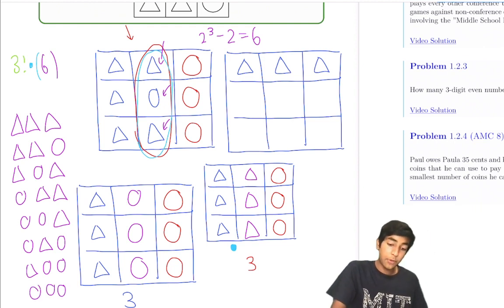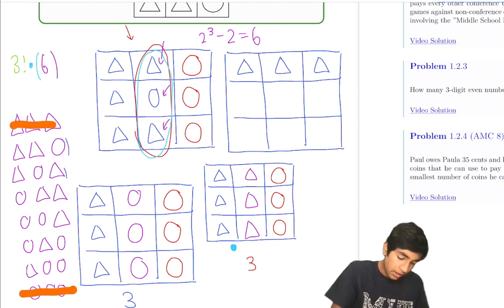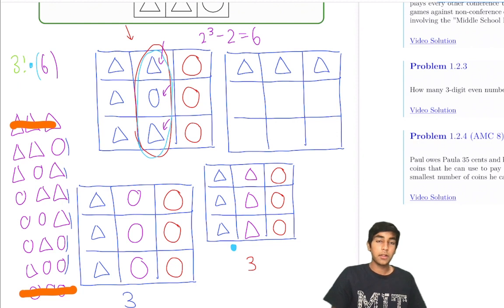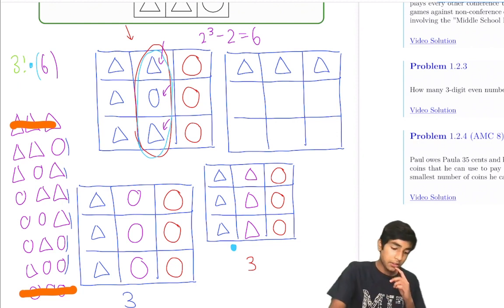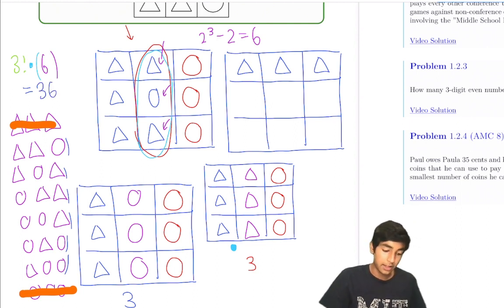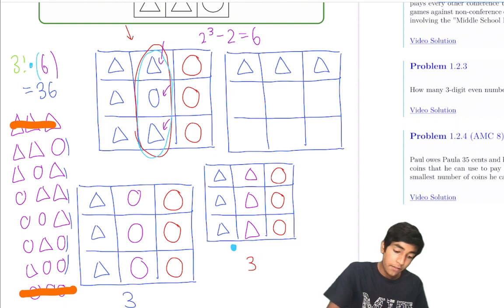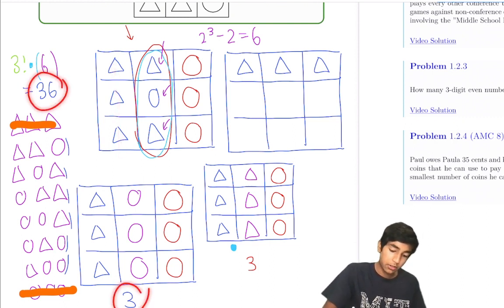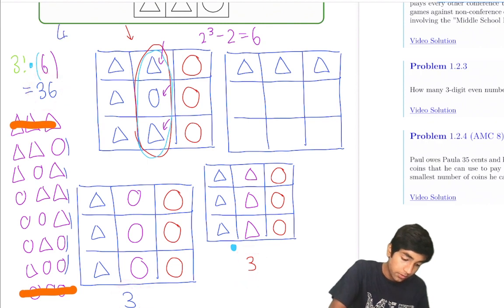And for it to be something random that's not a row of triangles or circles, we can't have these two possibilities. So we've got 1, 2, 3, 4, 5, 6 cases here. So in total, we have 3 factorial times 6, 36 different possibilities for this case. So overall, if we have 3 triangles vertically, it's 36 plus 3 plus 3, which is 42.